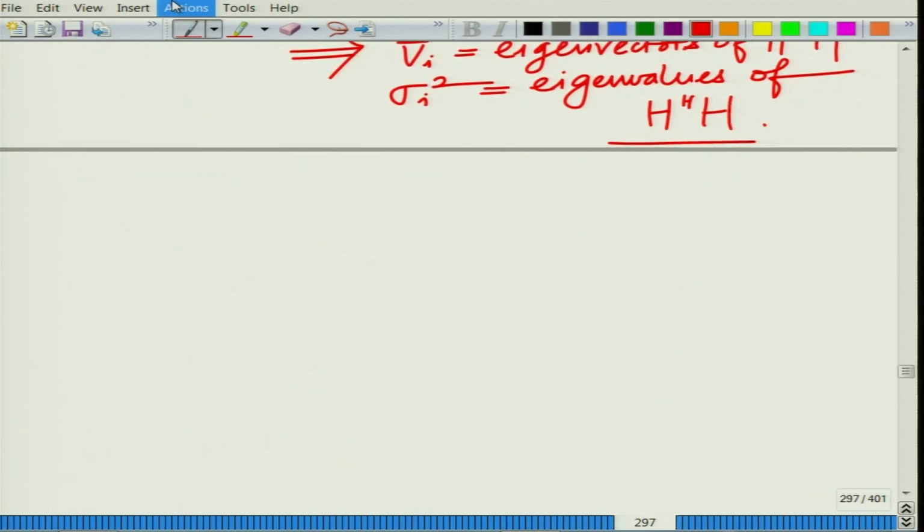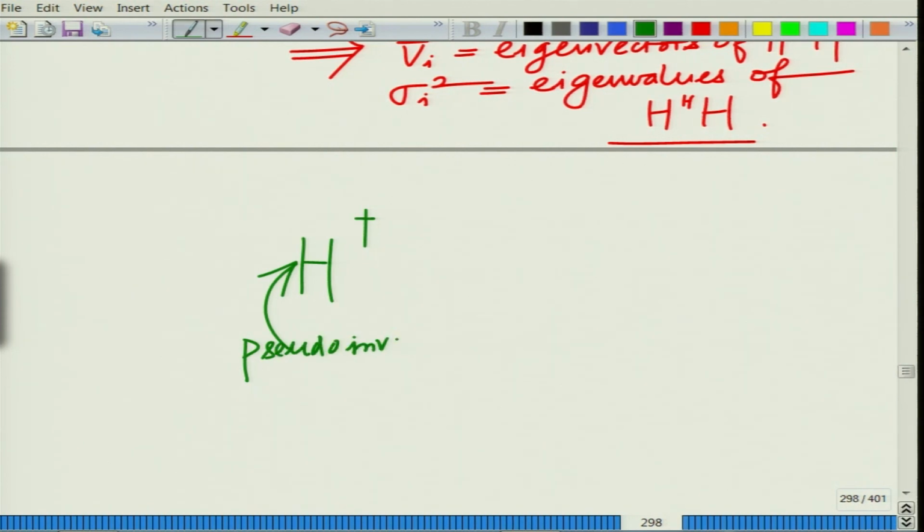Let us look at some other interesting things about the SVD. Let us now compute the pseudo inverse in terms of the SVD. As we know, for a tall matrix, this is given as H Hermitian H inverse H Hermitian.